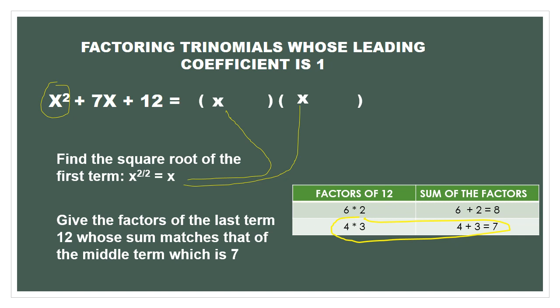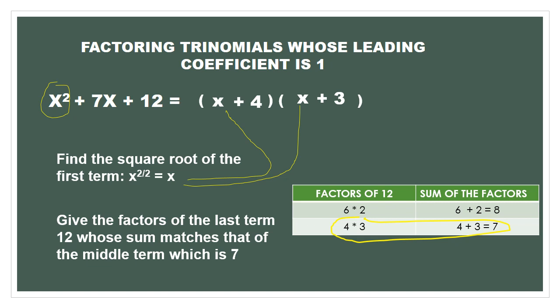So, these are the factors na isusulat natin dun sa ating mga parentheses. Okay, so sundan ninyo. Positive 4 at positive 3. So, the factors of x squared plus 7x plus 12 is quantity x plus 4 times quantity x plus 3.